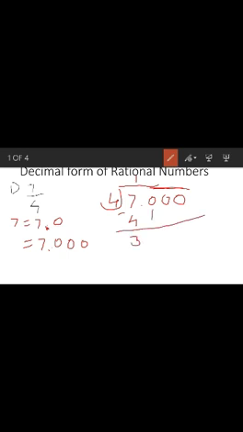Now this 0 will come down. We will not consider this point, we will put this point here in the quotient. 0 will come down. Now in 4's table, is 30 there? No. 28 is there. 4 7s are 28.